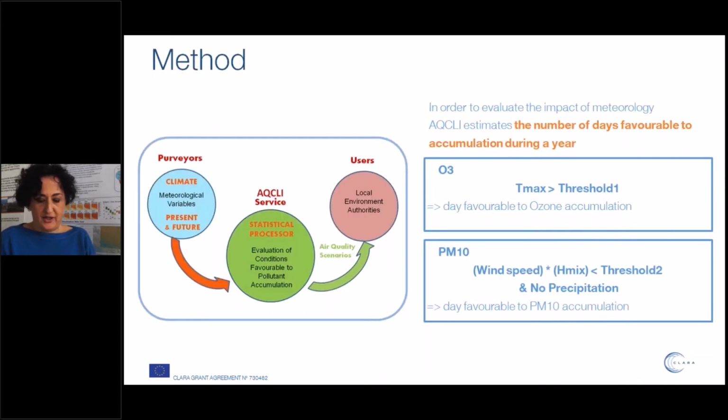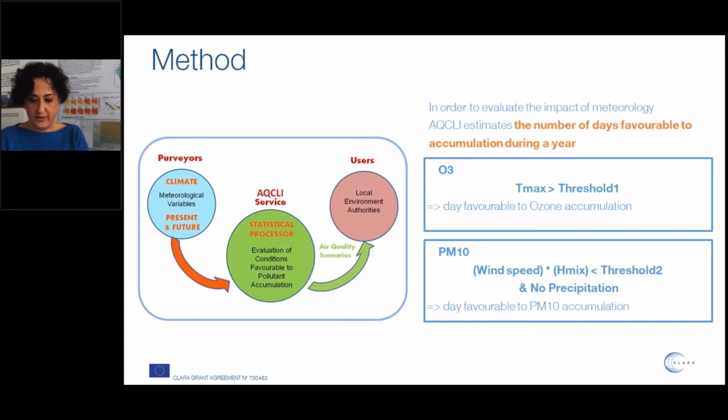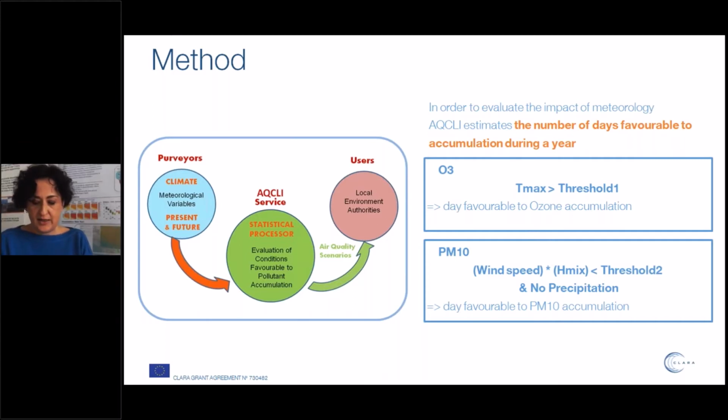To accomplish this task, the Aqcli service applies a statistical relation among meteorological variables and days with high concentration of pollutants. Some significant meteorological variables are considered. During summer season, the ozone production is intensified by solar radiation. A suitable proxy variable for radiation is temperature.